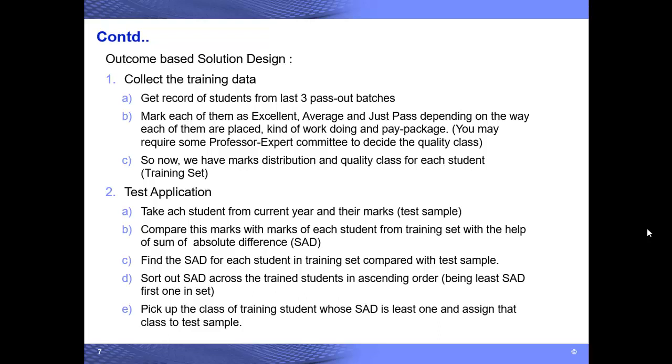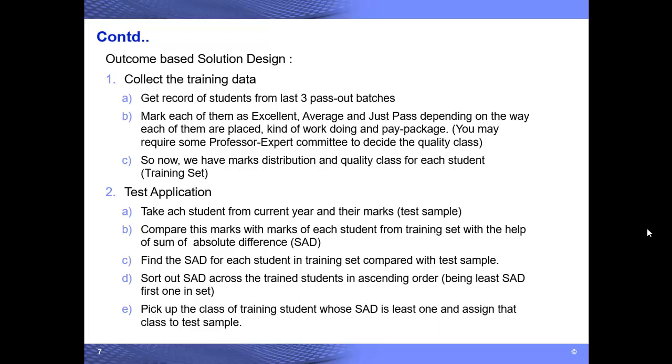So each mark gets subtracted between the two samples and we get 3 differences. Take the absolutes of all the 3 differences and then add them. You will get a single value. So now the distance between the two samples is a single value, which is nothing but the sum of absolute differences. So find the SAD for each student in the training set compared with the test sample.